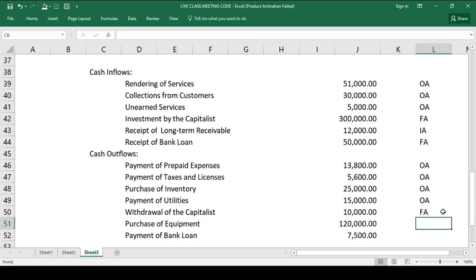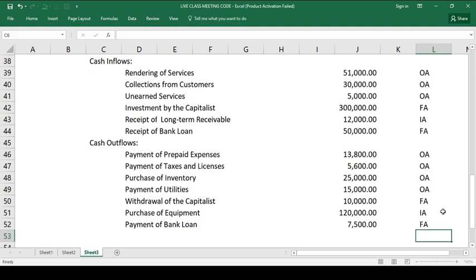So, that is considered investing activity. While payment of bank loan, because we are going to pay bank loans, these liabilities that are borrowed for the long term and paid over the long term are considered non-current liabilities, and therefore that is a financing activity.